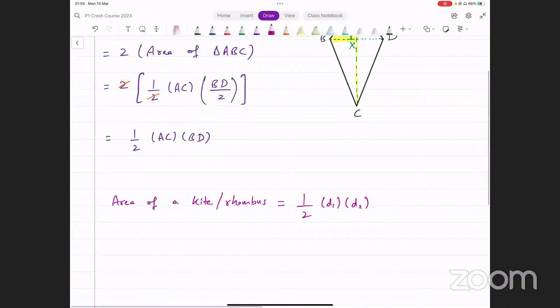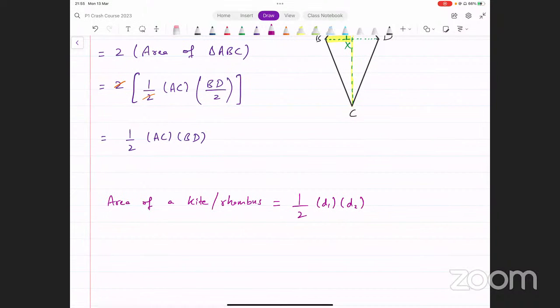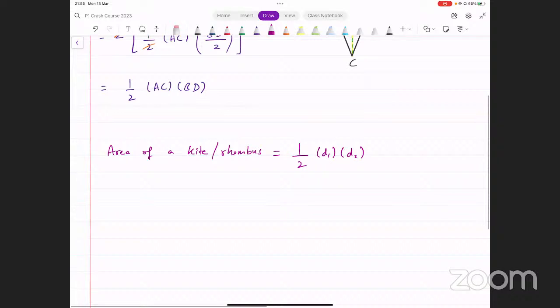All right, so that's the formula that we have for the area of a kite or a rhombus, where D1 and D2 are the diagonals of the kite. These are the lengths of the diagonals.